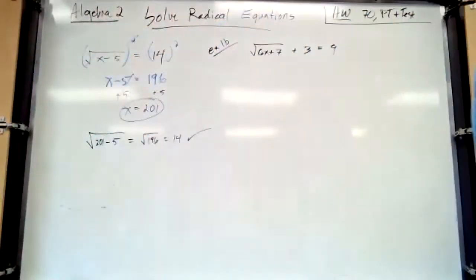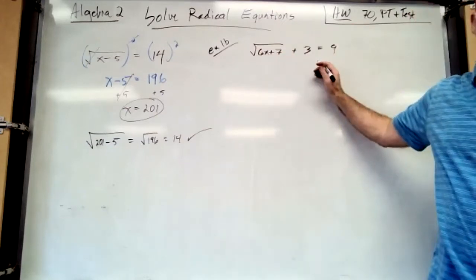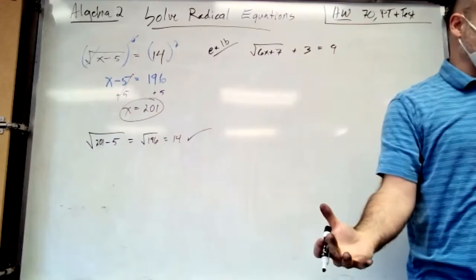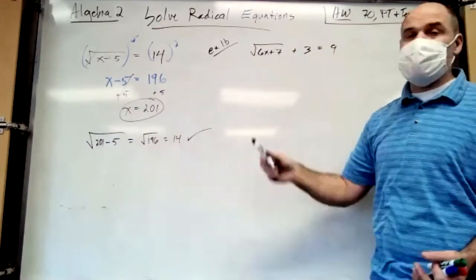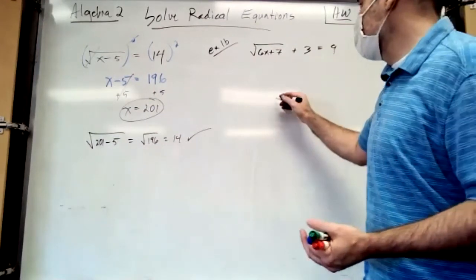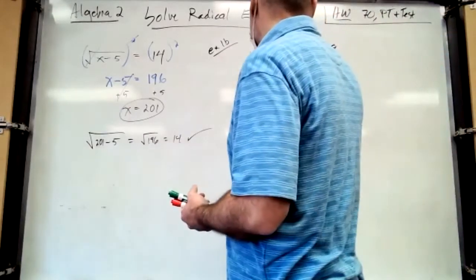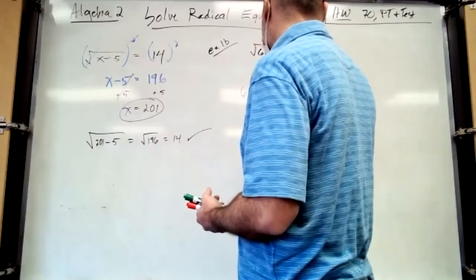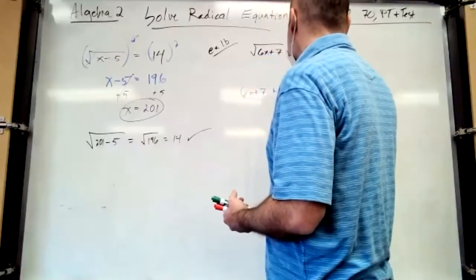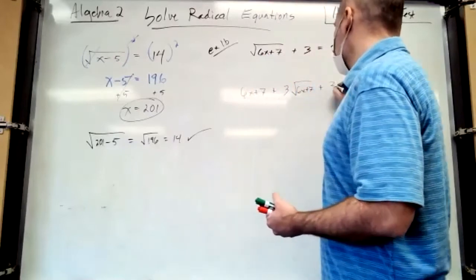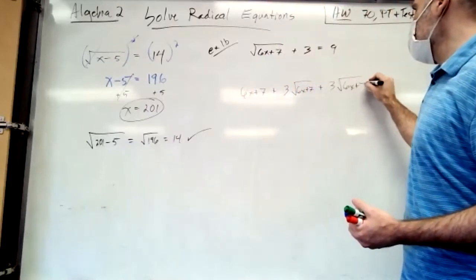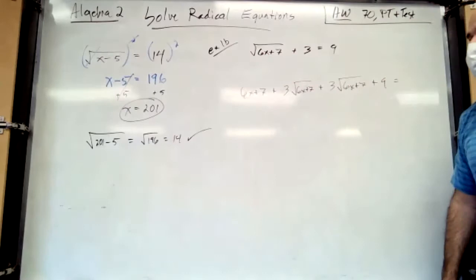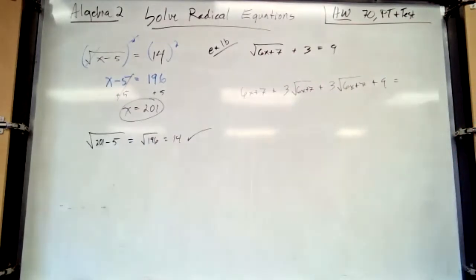If you square both sides right now, you're going to have to FOIL that out, so you're going to end up with more radicals. You're not going to cancel that radical. You'll get 6x plus 7, which got rid of that, but then you'll have 3 times square root of 6x plus 7 plus another 3 times square root of 6x plus 7 plus 9 on the left side. That doesn't help you at all, right?